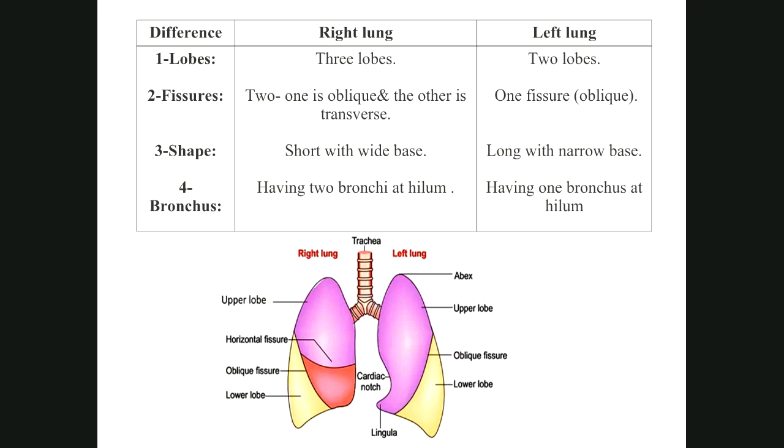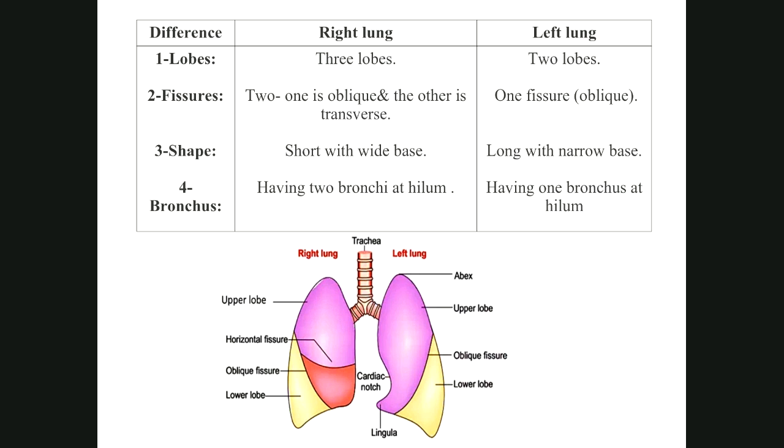Next. So what are the differences? There are some other differences you can make out. How many lobes? On the right side, 3 lobes, on the left side, 2 lobes. And how many fissures? On the right side, 2 fissures, on the left side, 1 fissure. That is the oblique fissure, present on the left side. On the right side, oblique and transverse or horizontal fissure.